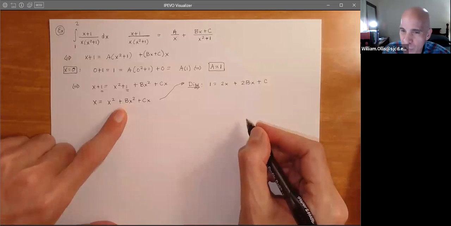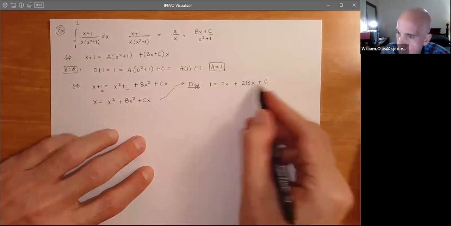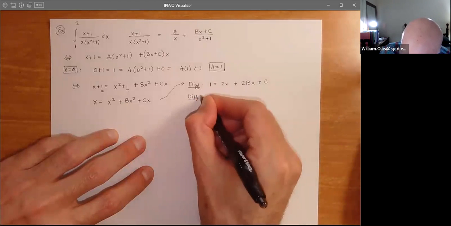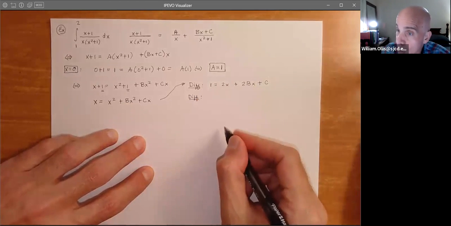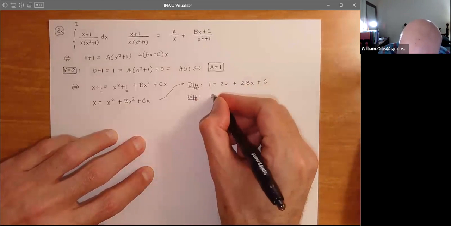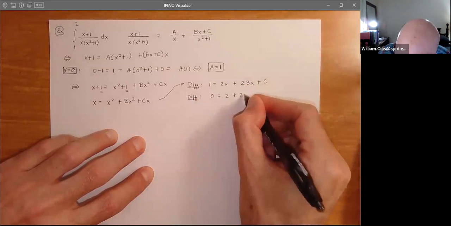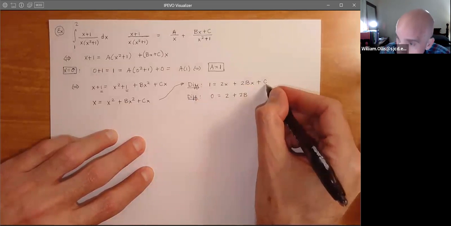Okay, so we're still kind of stuck with two coefficients here. So let's differentiate again. These are differentiable equations. So we get 0 equals 2 plus 2b. And of course, the derivative of c is 0, since c is a constant.